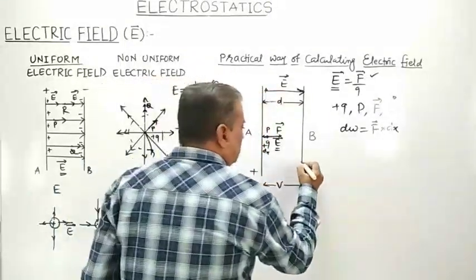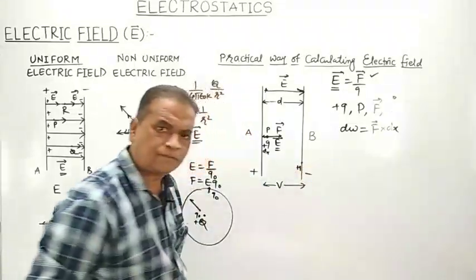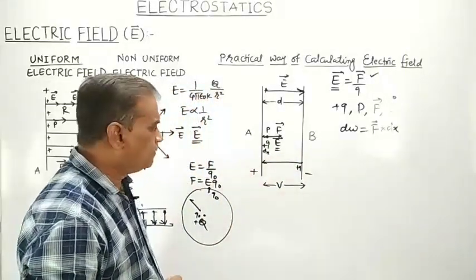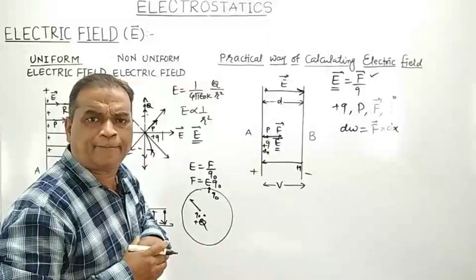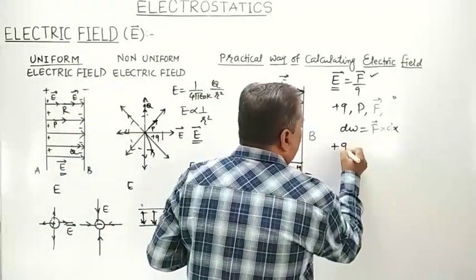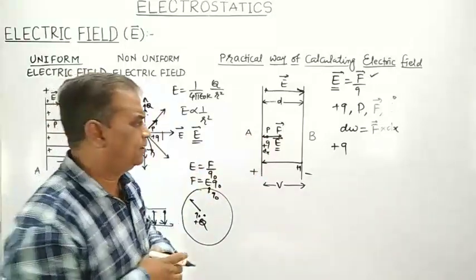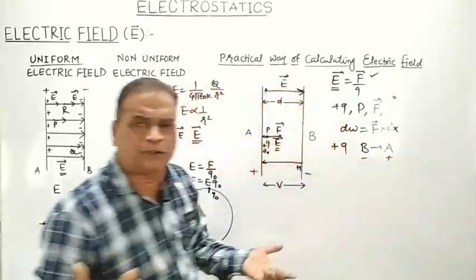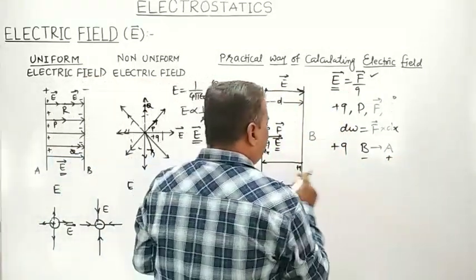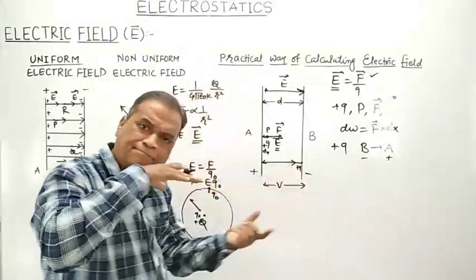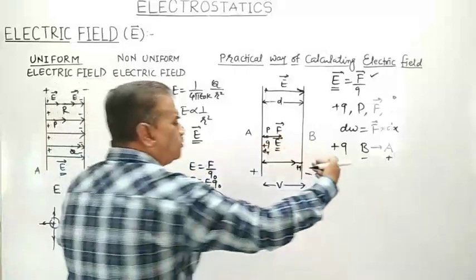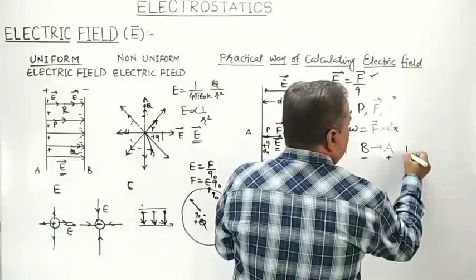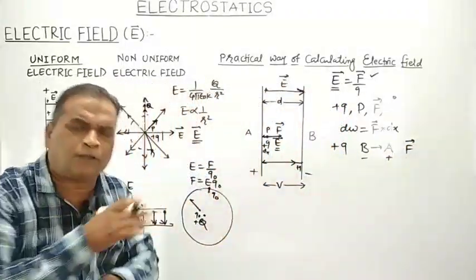Remember, when I wish to move the charge plus Q from negatively charged plate B to positively charged plate A, what I am saying is I want to displace plus Q amount of charge from plate B towards plate A. B is negatively charged, A is positively charged, and on that charge force is acting towards plate B, but we want to move the charge towards plate A, means we have to do some work against that Coulomb force.